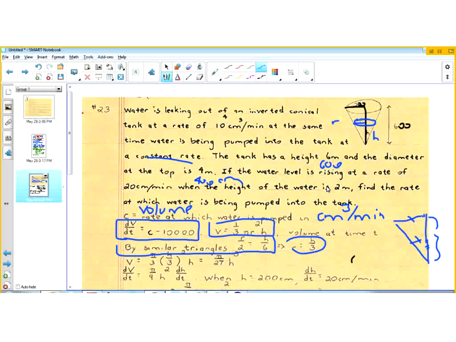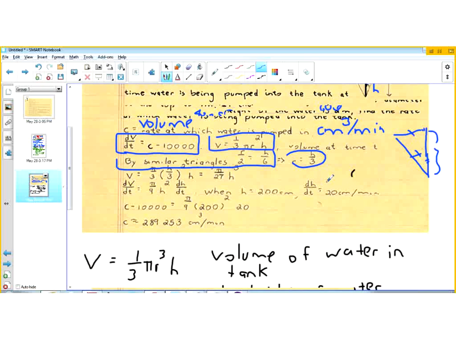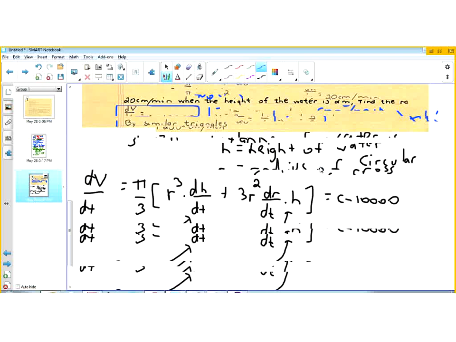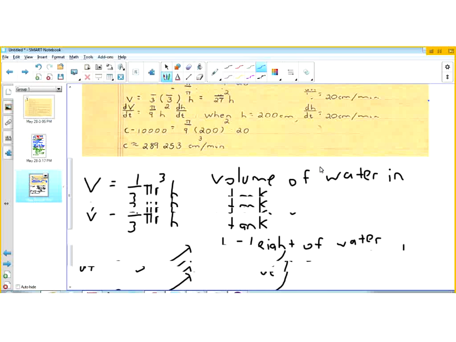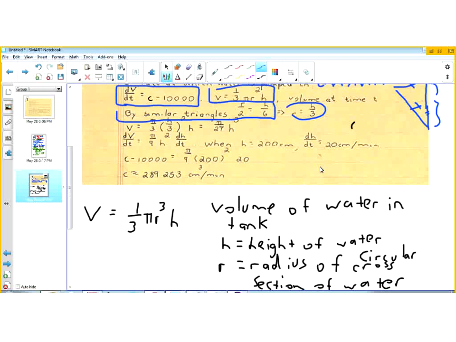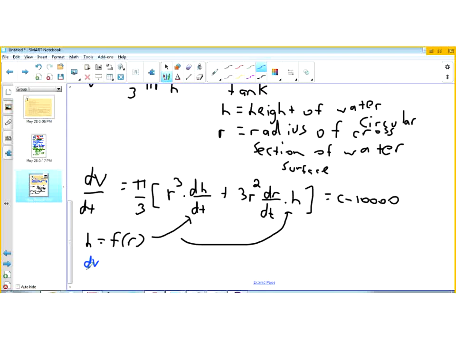I think it's called the angle comparison from geometry. So now we have a formula for R in terms of H. So what can we do with that? Now R is equal to H over 3.